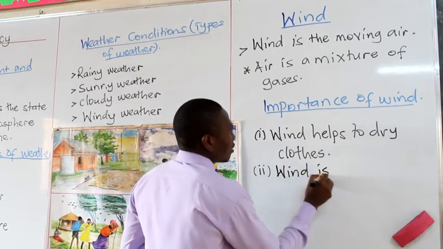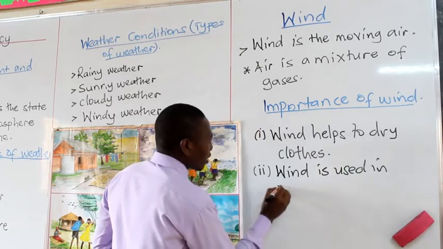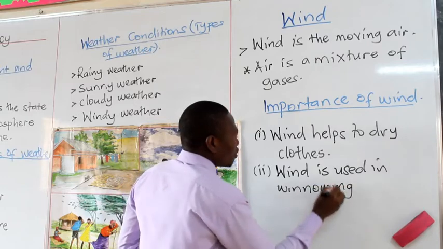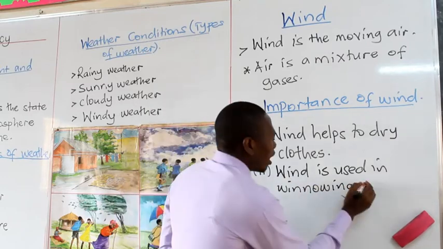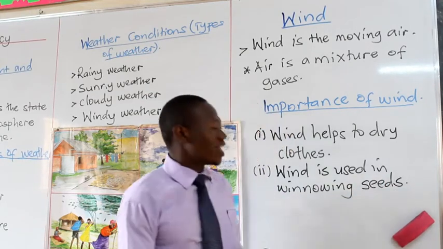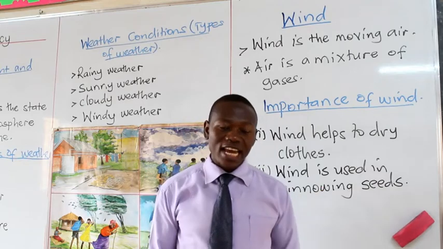Wind is used in winnowing. Now, what do you mean by winnowing? To winnow means to remove dirty things from your seeds. Here you need 2 containers.